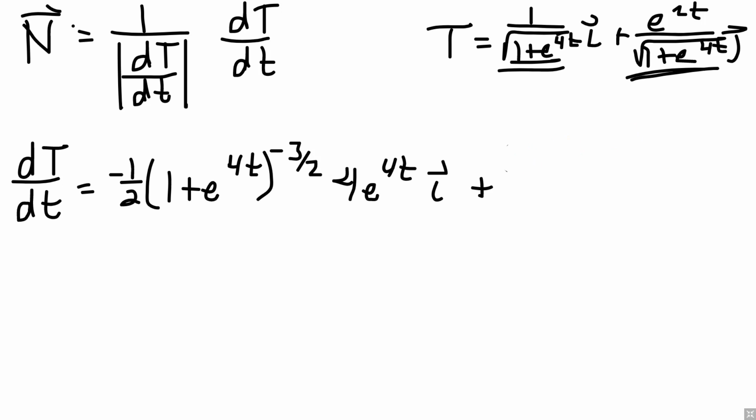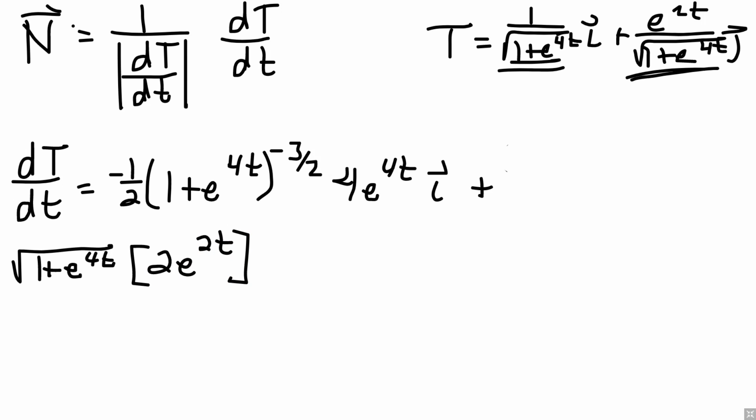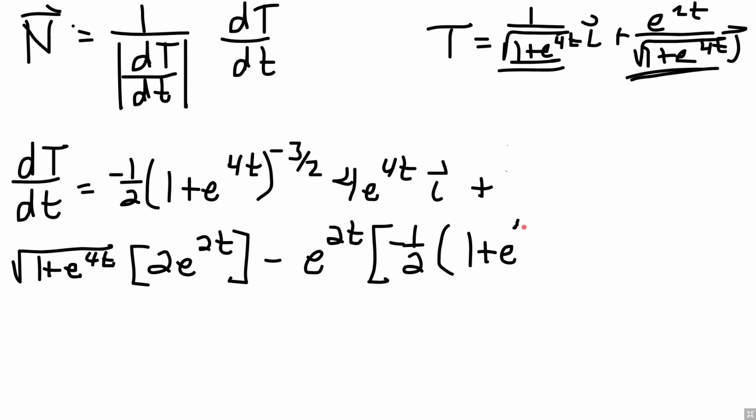The derivative of the bottom is going to be negative 1/2 times 1 plus e to the 4t.